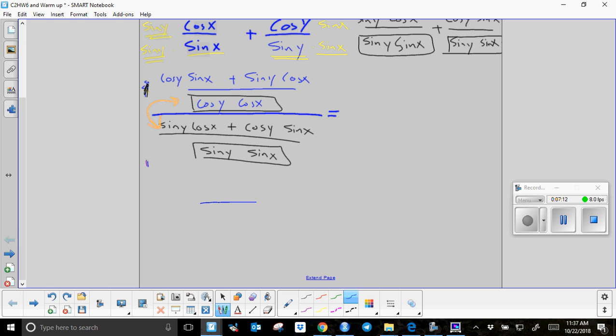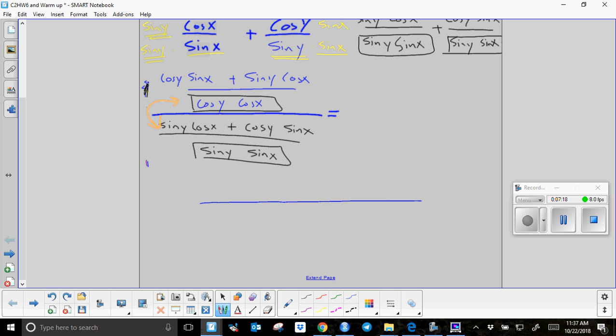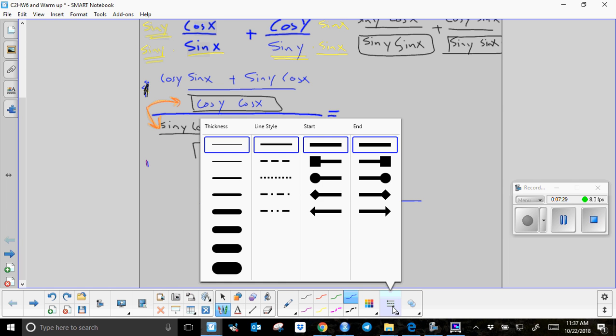Okay, so I'm going to draw that line, and I am going to use this pen. So I have, tell me, cosine y times cosine x times sine y times cosine x.